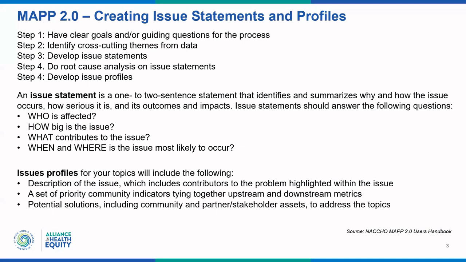What we've done is created a folder on the SharePoint for you all called Implementation Planning Resources. It's in the general folder of our SharePoint. And within it, you'll find a copy of the MAP 2.0 handbook. There are a lot of worksheets and fillable forms, and it's a very thorough workbook that would also walk you through the processes that I'm going to be describing today.